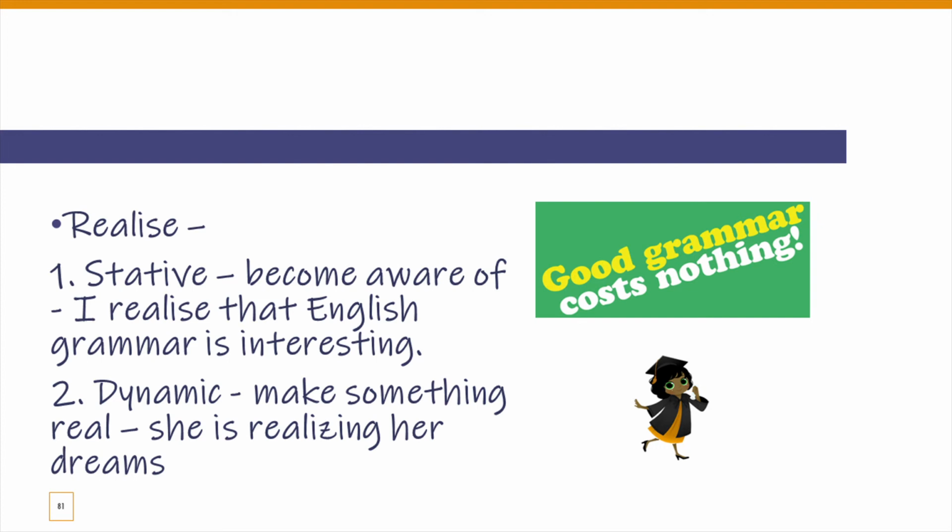So after studying for a while, you realize that English grammar is interesting. So you start realizing, yes, people, definitely it's always worth investing your time in learning English grammar because it adds to the accuracy of expression, and that is at the heart of communication. So good grammar really costs nothing, right? So that's the stative meaning basically.